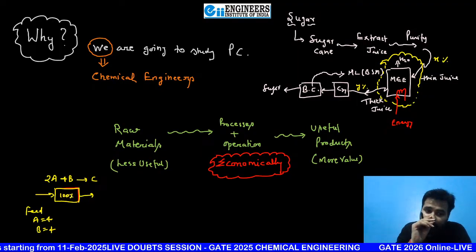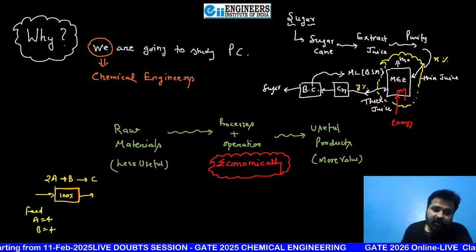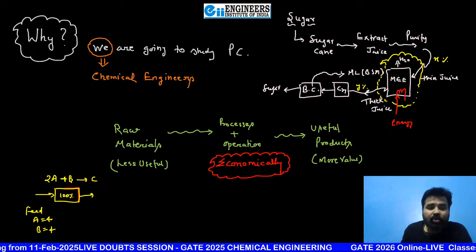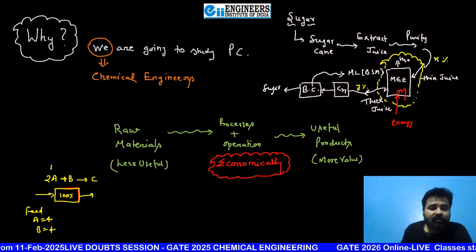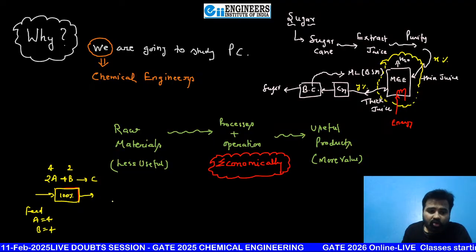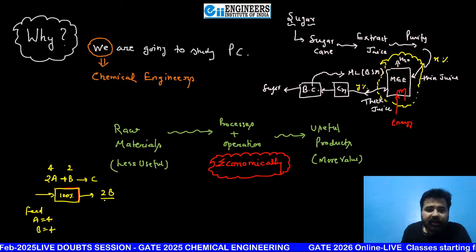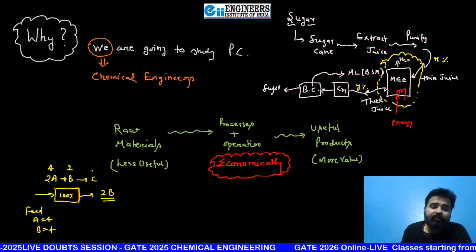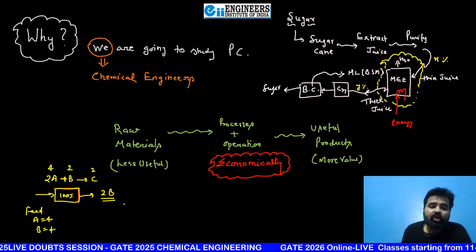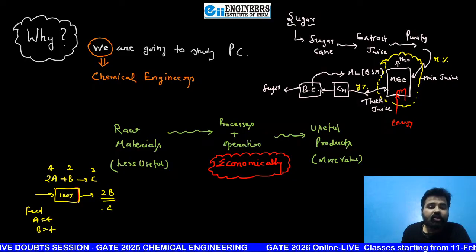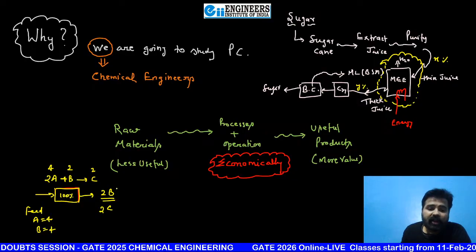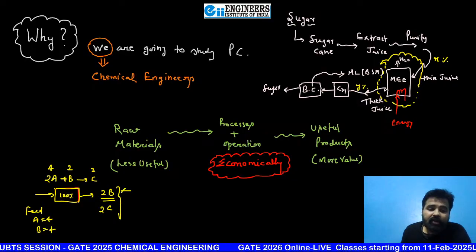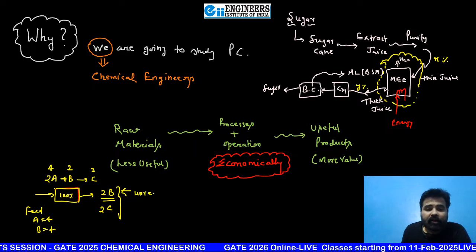What will happen here? 2 moles of A react with 1 mole of B. So 4 of A will react with 2 of B. So here 2 B unreacted, yaar. And 4 of A will give how much C? 2. So 2 B and 2 C here. This is unreacted B.